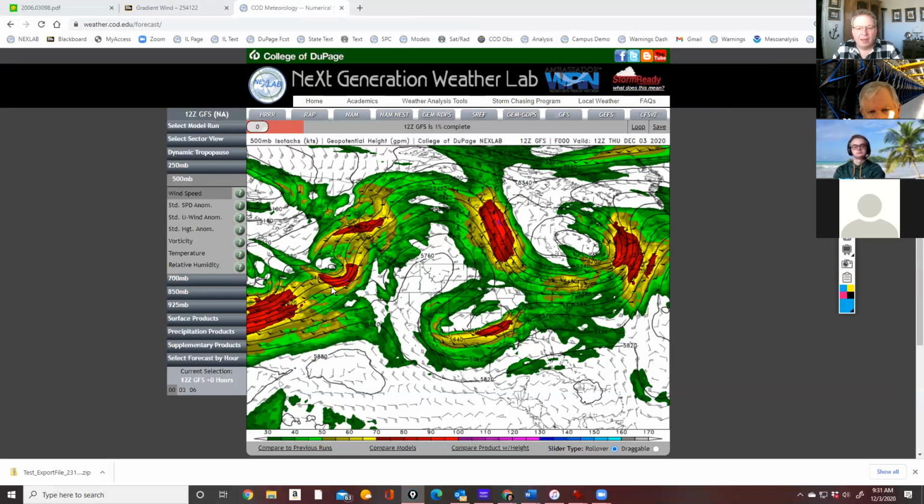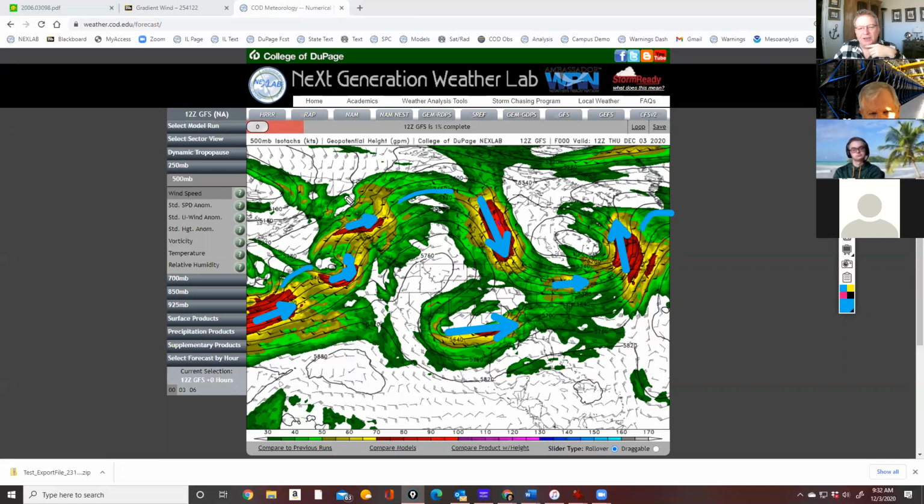Blue. I've got strong winds in the trough, strong winds in a trough, strong winds in a trough. But look at the ridges. Weaker winds. Weak winds in that ridge.